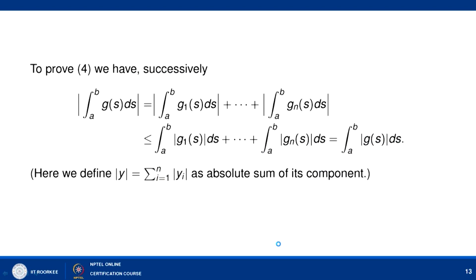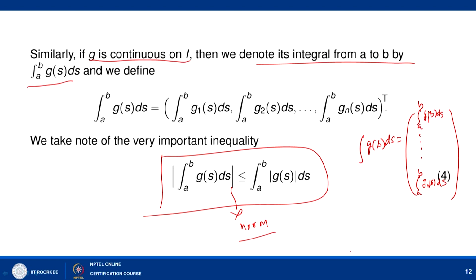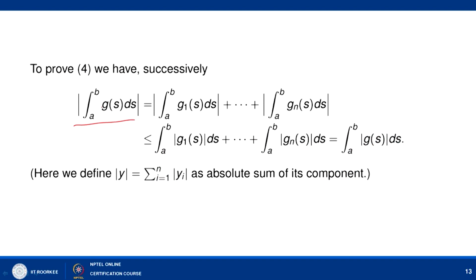Now to prove this inequality, we can simply write the norm of the integral from a to b of g(s) ds. Here we are taking the norm like this: the norm of y is nothing but the absolute sum of its components, that is, norm of y is given as the sum from i equal to 1 to n of modulus of yi.